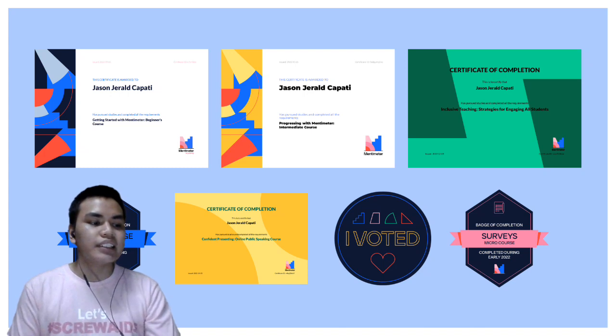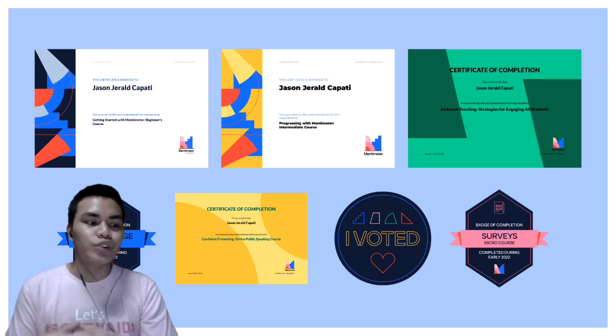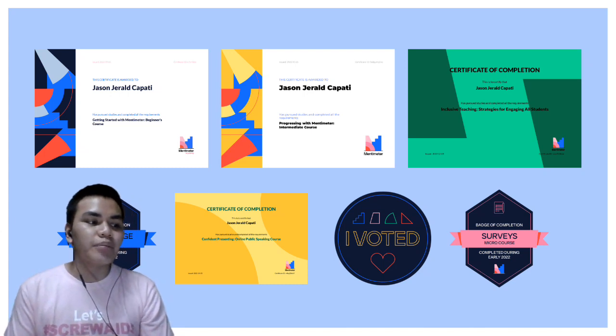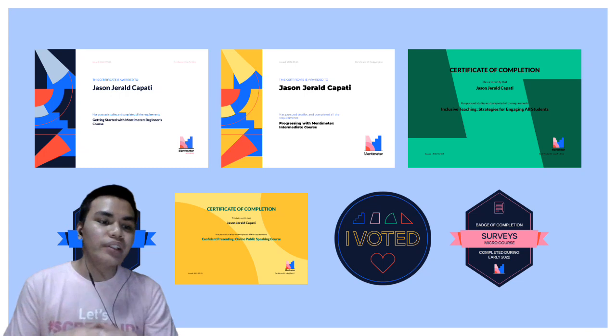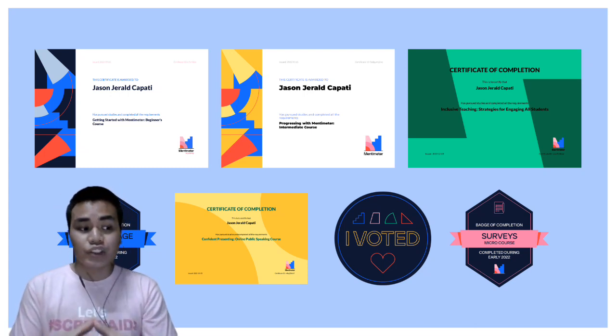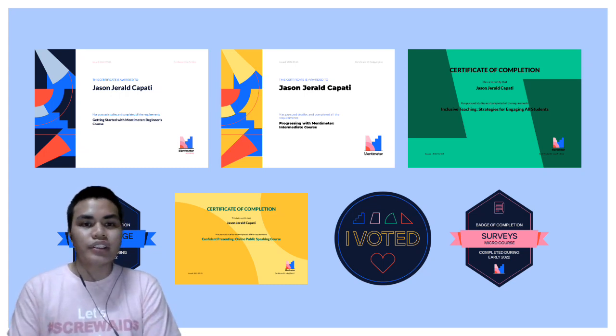There are currently 6 courses that you can take. The courses could provide you with 4 certificates and 2 badges. The advanced course is still in progress, and the Mentimeter team is doing its best to create new courses to make educators, pre-service, and training teachers familiarize the application. If you wish to become a master of Mentimeter, I would totally recommend that you take their courses.